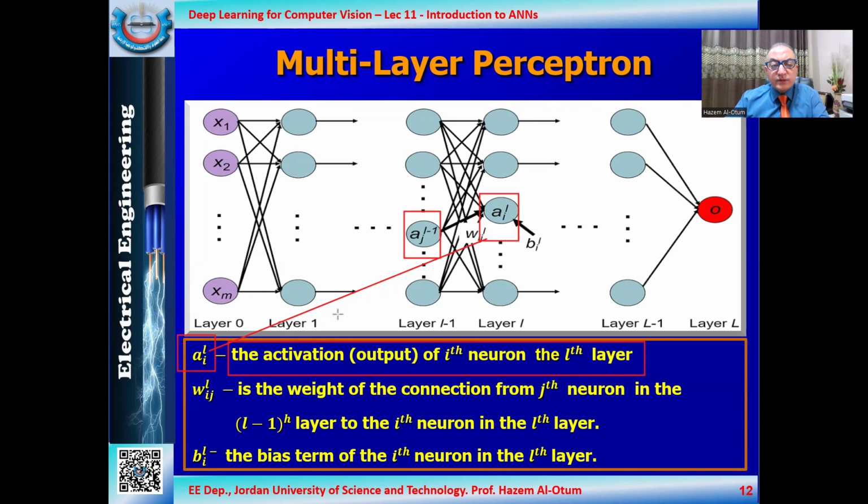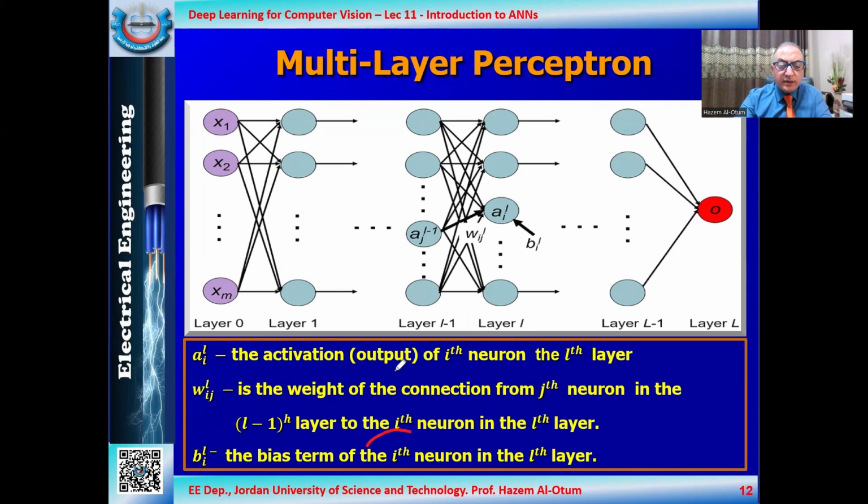Now, if we go to the weights, here the weight w subscript ij, superscript L, is the weight of the connection from the jth neuron in the L-1 layer to the neuron i in the layer L. Now, when we go to b subscript i, superscript L, it is the bias term of the ith neuron.